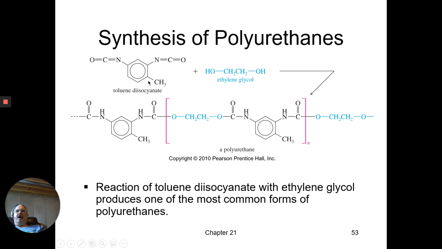Here we have a diisocyanate and ethylene glycol, which is a diol. And when these react, we get a polyurethane. Polyurethanes are used for insulation.